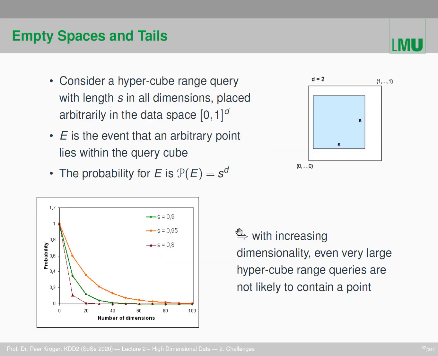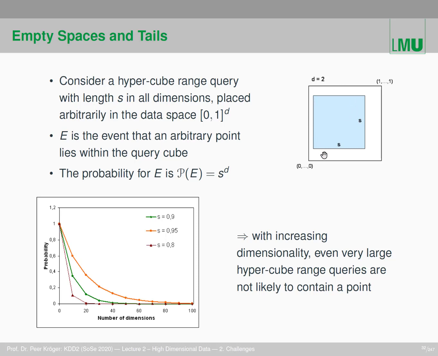So this was the point, that the data concentrates typically on the border, statistically on the border of the data space. So the probability that we have some points within this range here decreases extremely quickly.